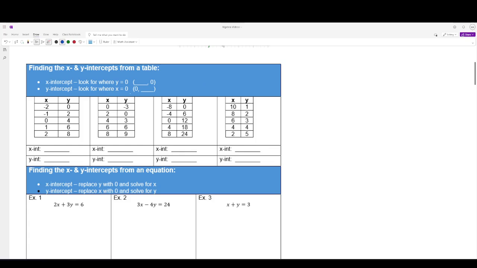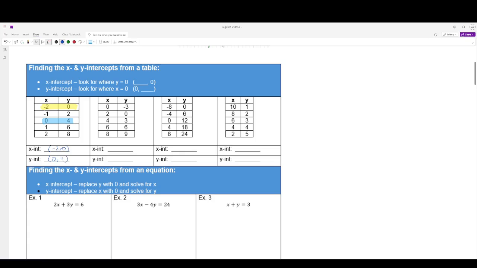So finding x and y intercepts from a table, just like I said above, we're looking for where y is 0 or where x is 0. Sometimes that's given directly. So we have negative 2, 0 for the x-intercept and 0, 4 for the y-intercept. So x-intercept is negative 2, 0, and y-intercept is 0, 4.